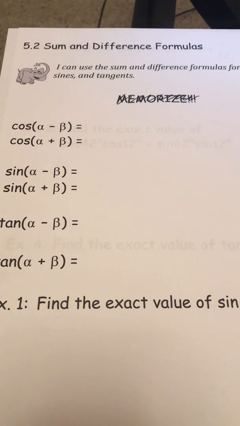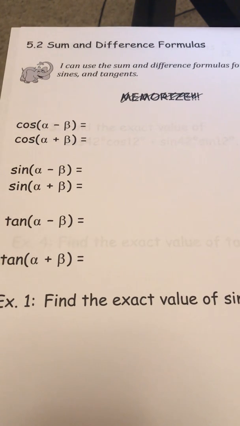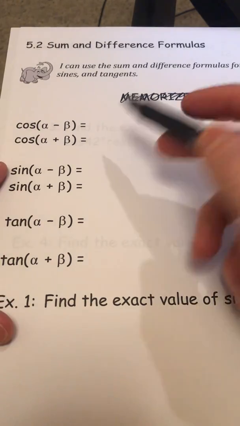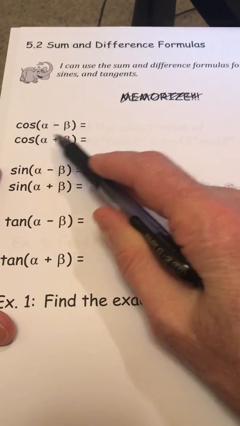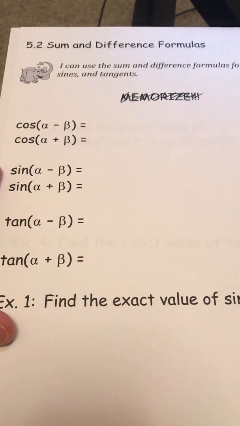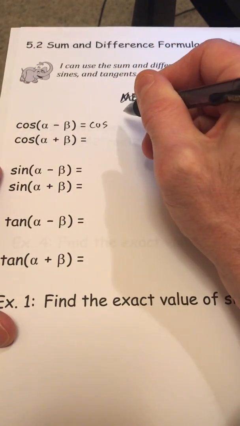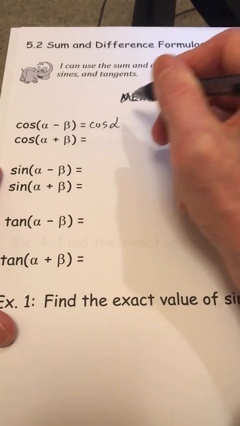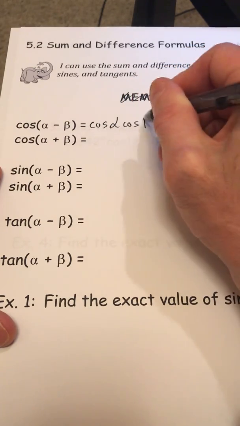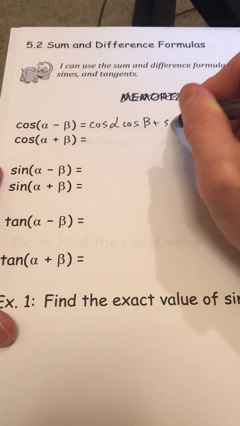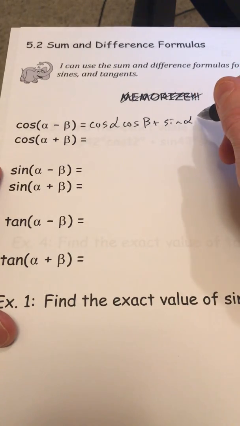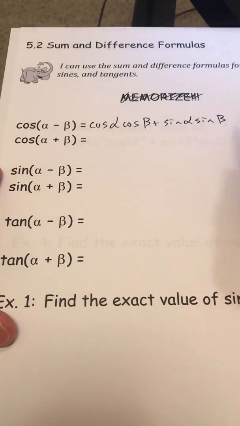Although you will see that even though it looks like there are 6 formulas, technically there are only 3 of them. Cosine of alpha minus beta, cosine of alpha plus beta, these are Greek letters. If you want to use just A and B as you work through these, certainly feel free to make that minor change. The cosine of alpha minus beta formula says cosine alpha cosine beta plus sine alpha sine beta.